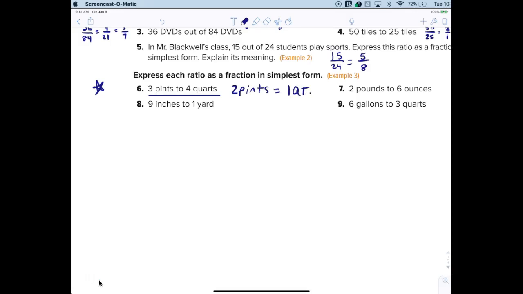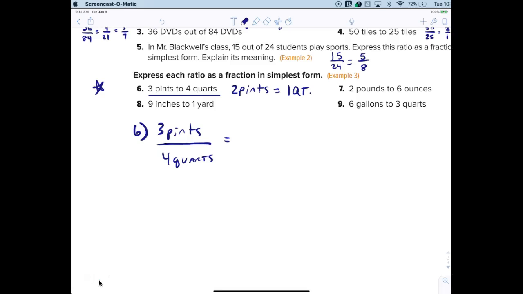All right? So now for question number 6, if I have 3 pints and I have 4 quarts, I don't write it like that because they don't have the same units. All right, it would be what? 1.5. No. 4 quarts is how many pints?